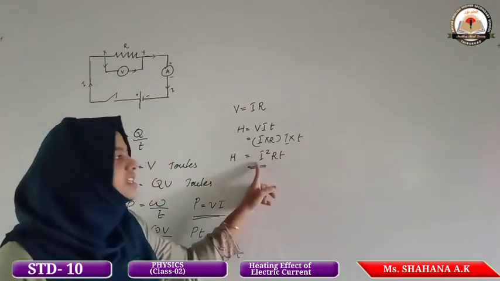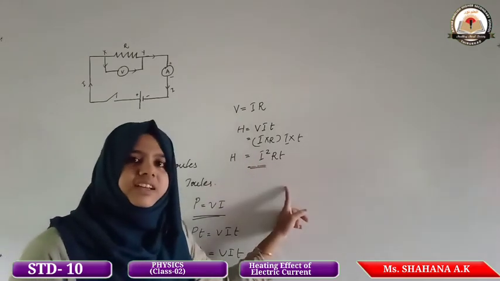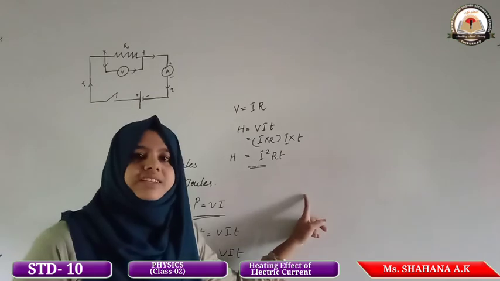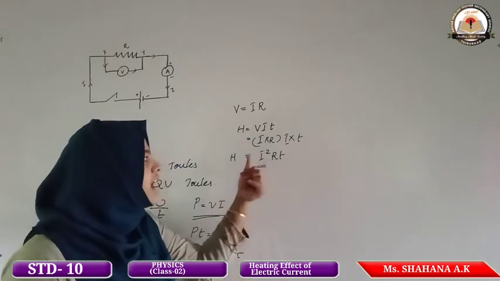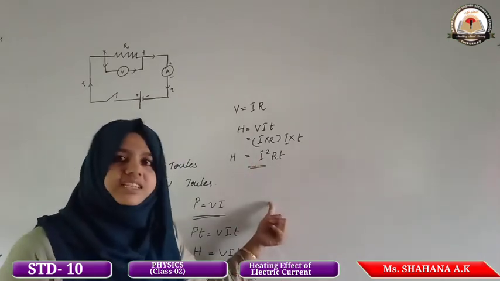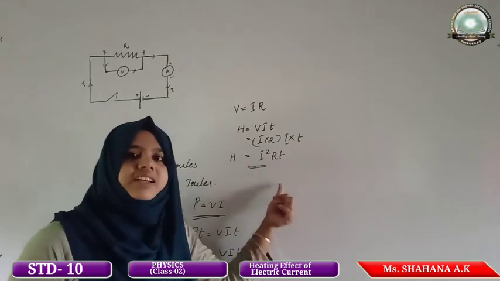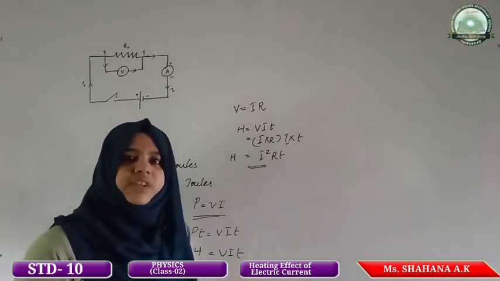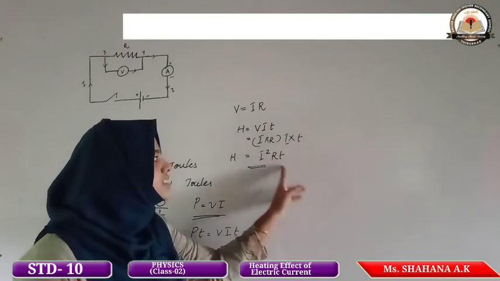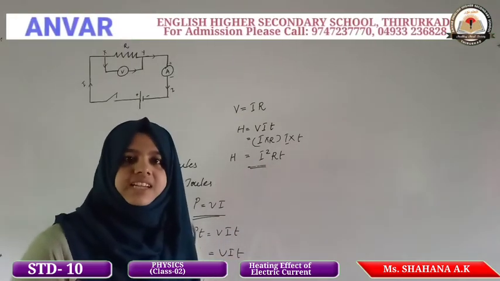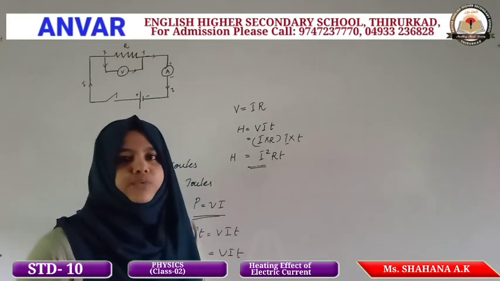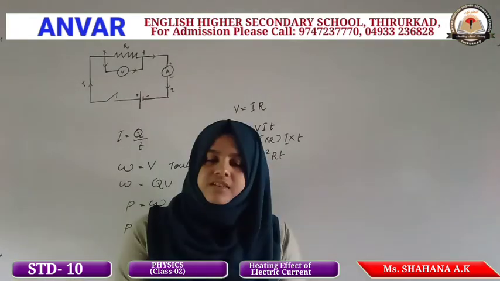So the first factor is I, the second is R and the third factor is T. Here I stands for current in the circuit, R is the resistance of the resistor, and T is the time of current flow in this circuit.